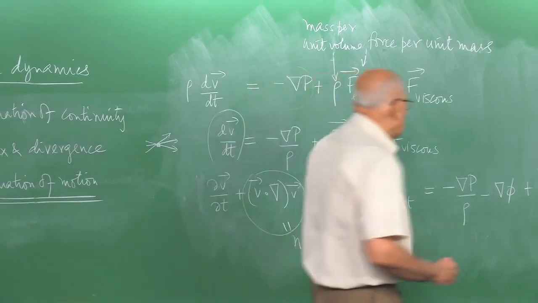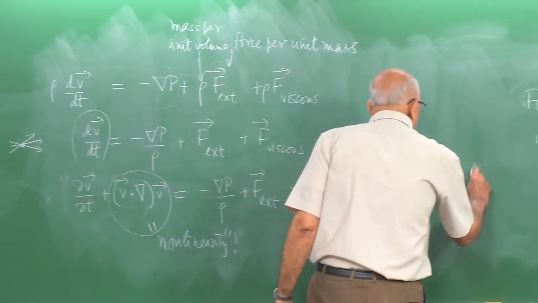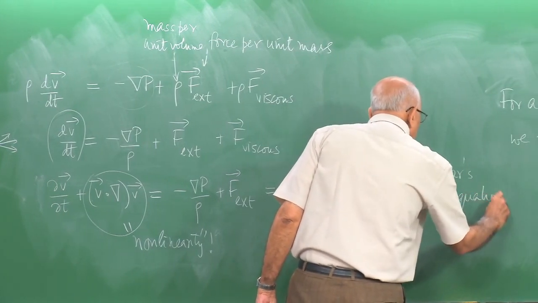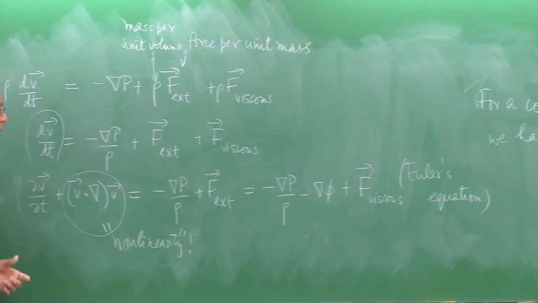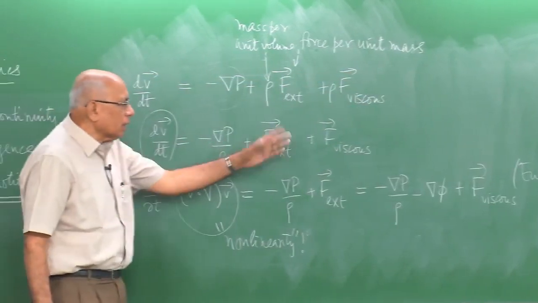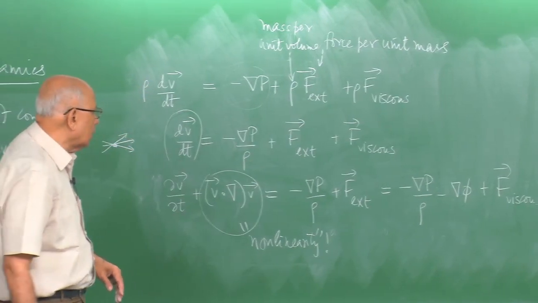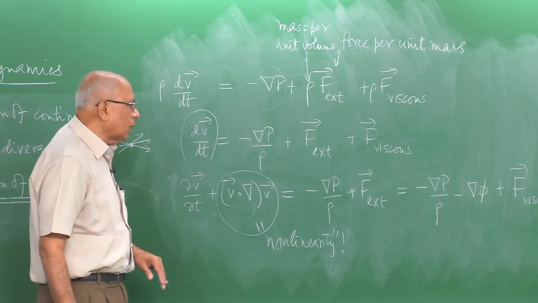This is called the Euler equation. Actually, I think that Euler's equation is the one that you get without the viscous term, but the literature differs on the terminology. It is the equation of motion of a fluid element, and I would like to leave it like that.